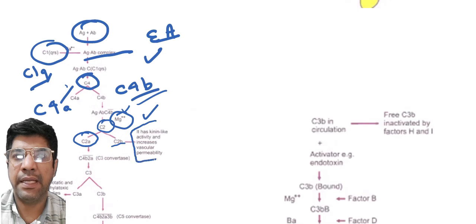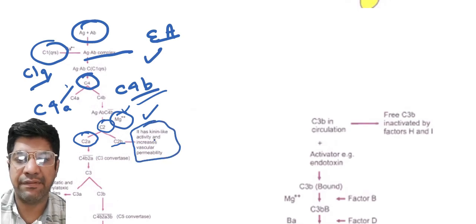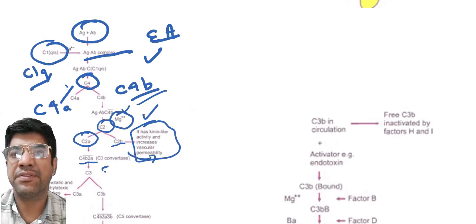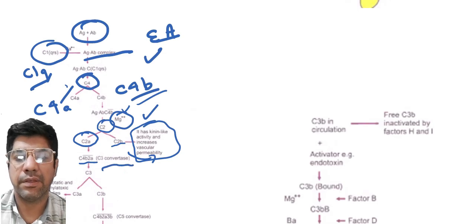The C2b has a kinase activity and increases the vascular permeability. The C4b2a complex that is formed has an enzymatic activity and is referred to as the classical pathway C3 convertase.